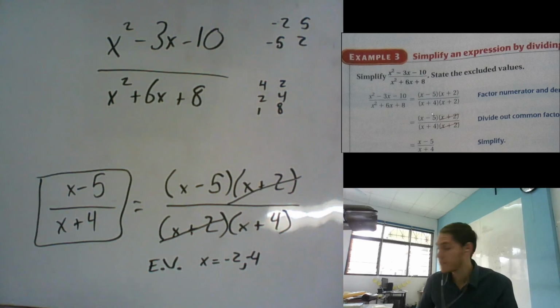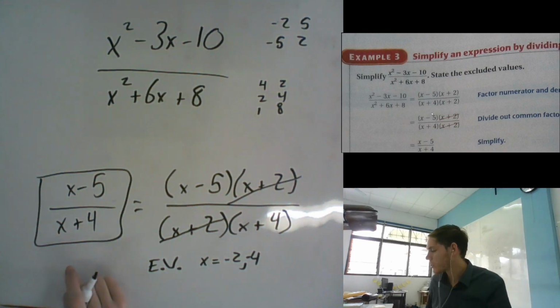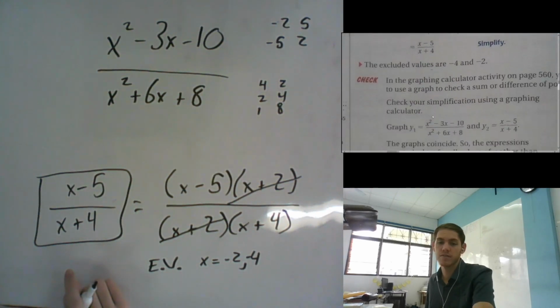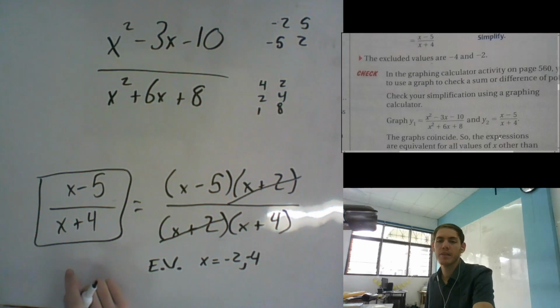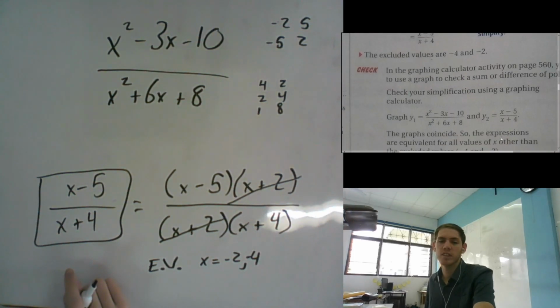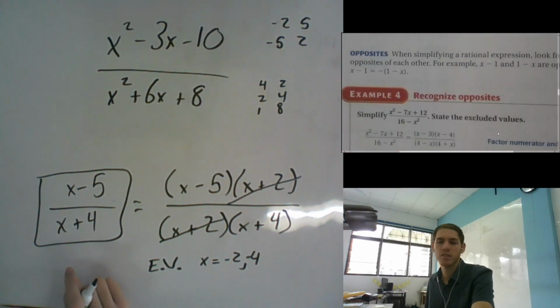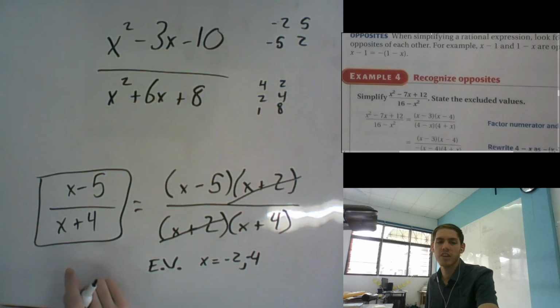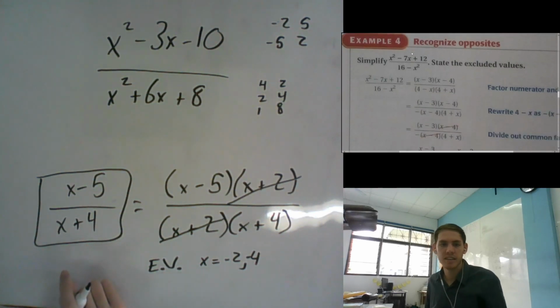Yeah, sorry. Okay, so simplifying these is all about factoring. If you factor properly, it can simplify easily. They talk about graphing. You don't need to worry about graphing it. It's way too much to graph right now. So let's look at another example.